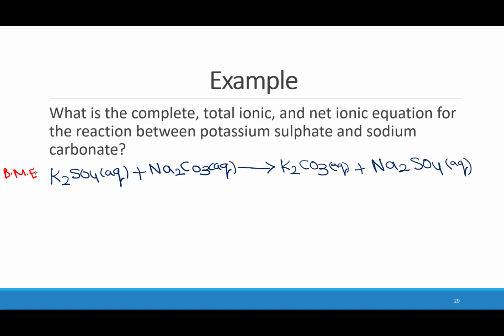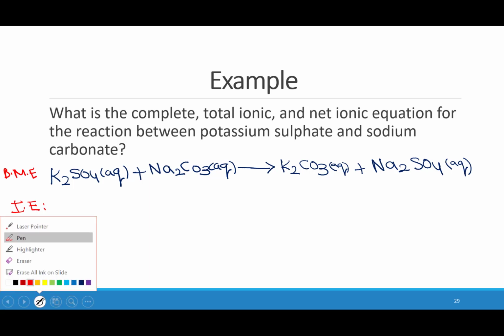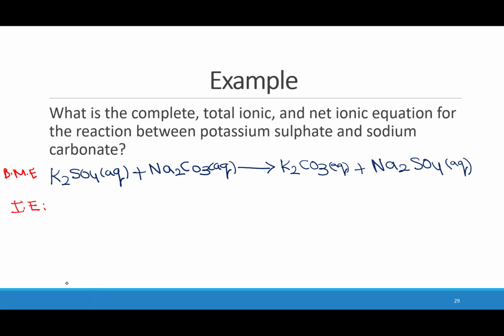Then the next thing that we want to do is to write the ionic equation. Now let's look at potassium sulfate. Potassium sulfate is an ionic compound. It's in aqueous state, then it will separate, and it produces 2 K plus and SO4 2 minus.